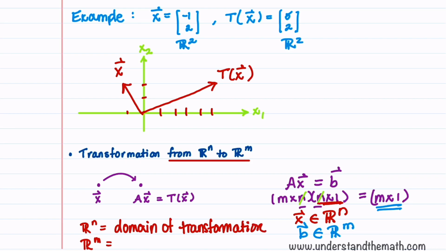And then b is an element of Rm. b is the same as T of x. So Rm is called our codomain of our transformation.